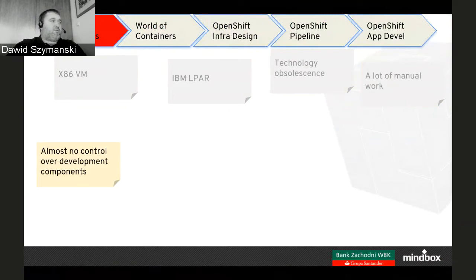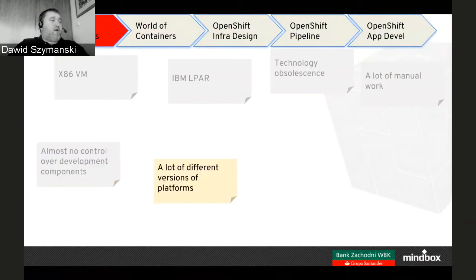We had almost no control over development components because, again, you have a lot of people working on a lot of components, a lot of projects. To give you a picture of how big an organization we are, we have about, to be honest, I'm not really sure, but about 300 or 400 people in IT without the development, just the administrators and this part of the IT. So it's a really big organization.